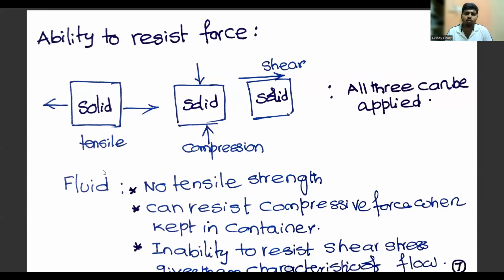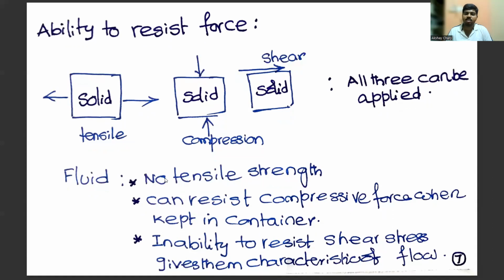When compared to a solid, a fluid has no tensile strength. You can't stretch it. Next, it can resist compressive force when kept in a container. When you keep the fluid in a container, it can resist the compressive forces, that is, pushing on it.